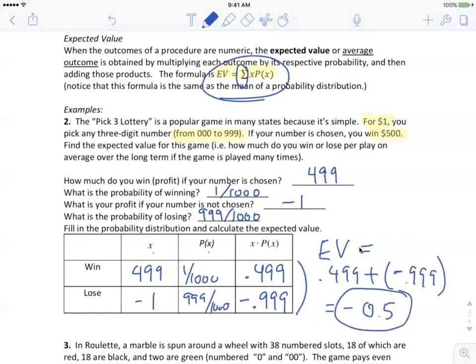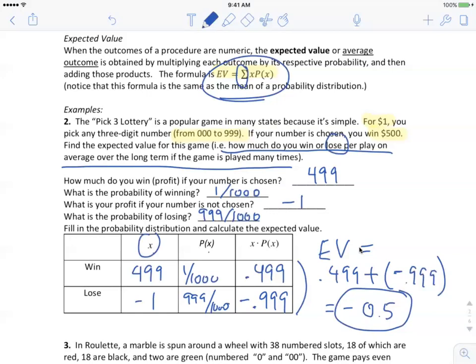Now, what does that mean, right? Well, it's this parenthesis thing up here, right? It's how much you, in this case, lose per play on average over the long term, okay? It's lose because it's negative. So the unit of measurement for this matches the x. So this is dollar amounts. Your answer is dollar amounts.